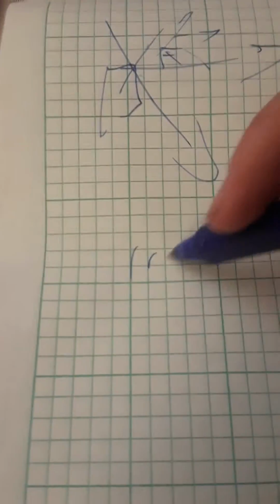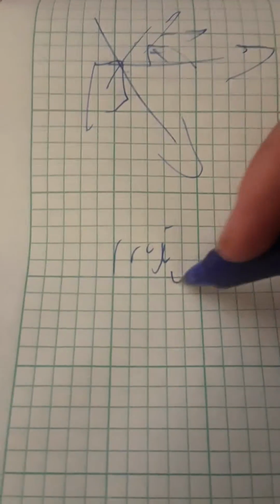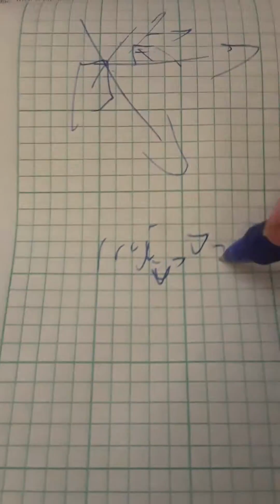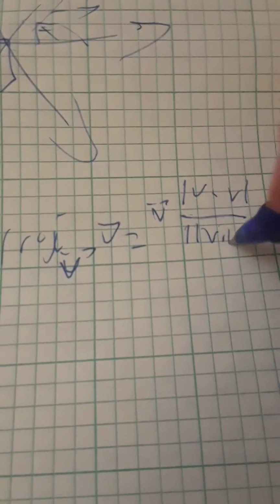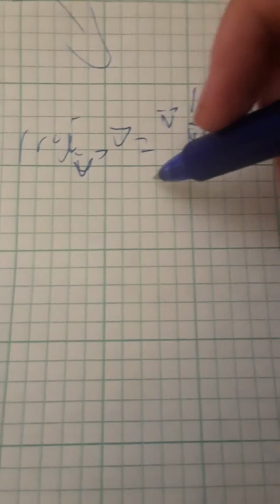Now what? Well, the projection formula for vectors u and v, projecting from u onto v, is a vector.